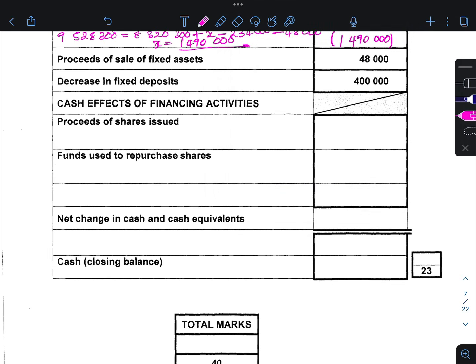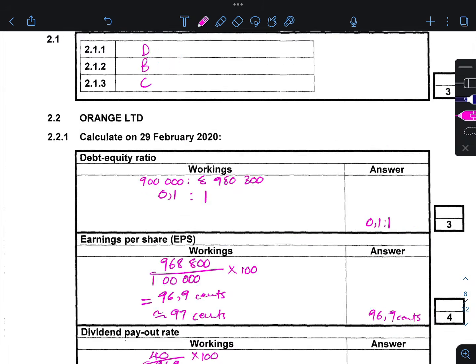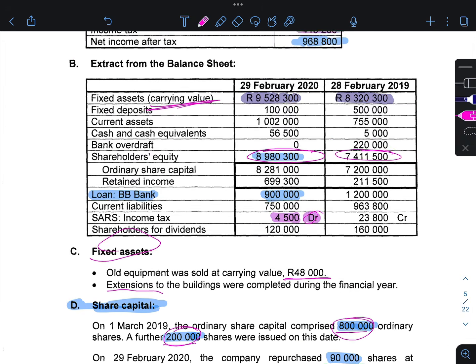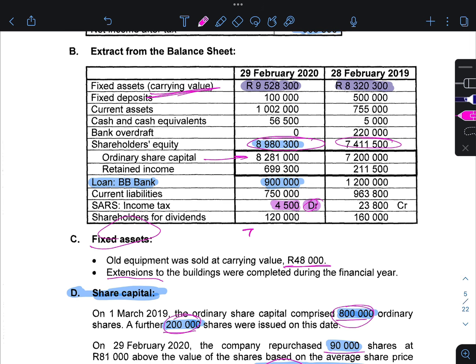So your proceeds of shares issued, you're not given any information about any amounts of the issued shares. So you can simply use your balances on your ordinary share capital. Okay, so you had a balance at start of 7,200,000.